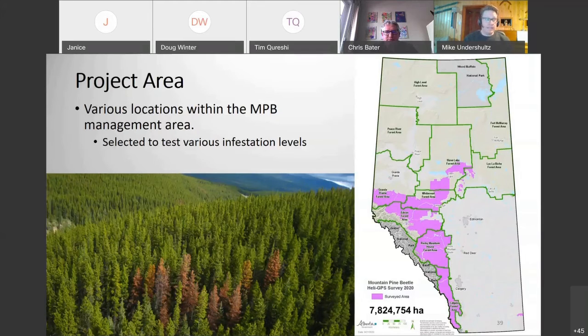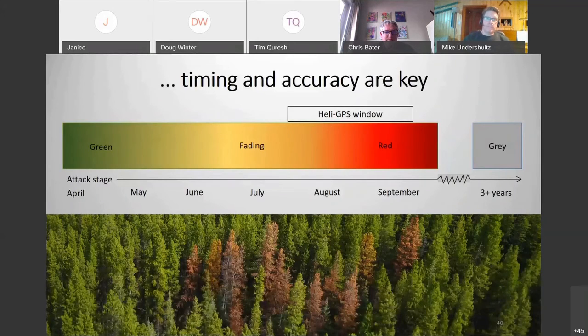And then obviously timing of the image acquisition is going to impact what the trees look like. So the fading, is it going to be a good year for the fade? Are they going to really look different from the older trees? So back to this slide. Timing is the key here. I mentioned we've got 6 weeks.